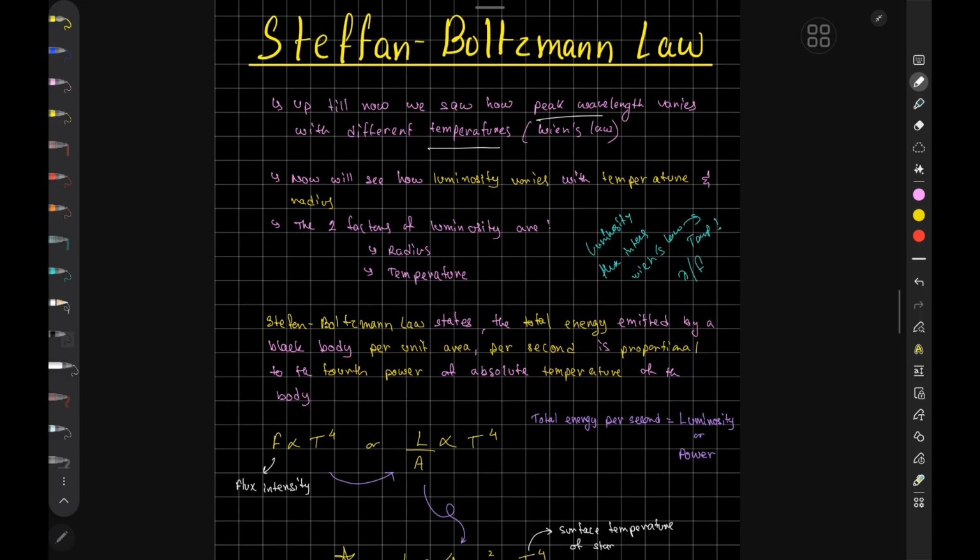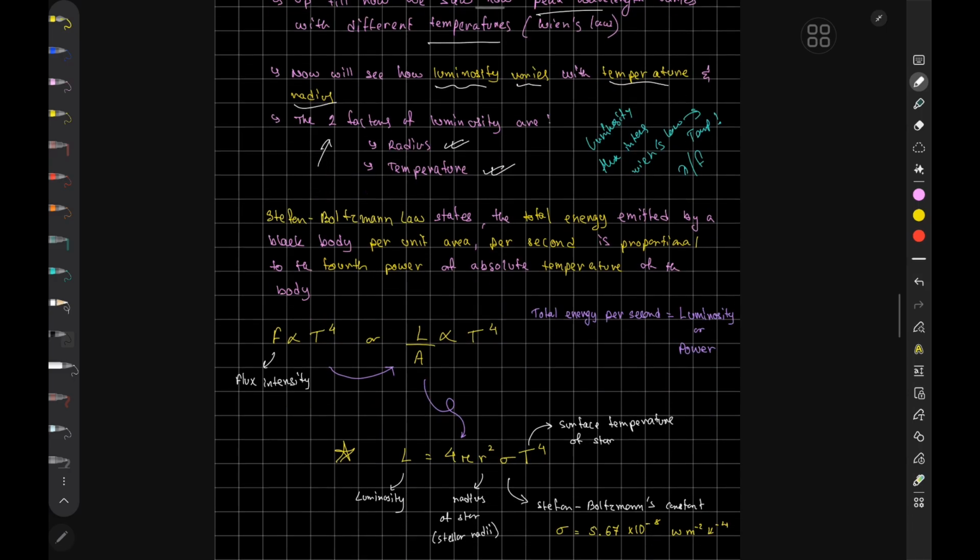Now what we want to see is how the luminosity varies with temperature and radius. There are two factors that make up luminosity in general. One, radius, and the other is temperature. You vary either, you will have a different luminosity. That's how it is. And let's see how it works.